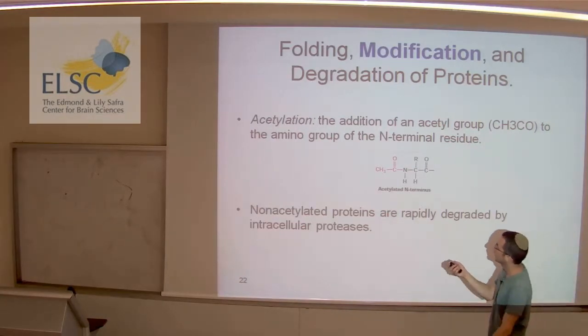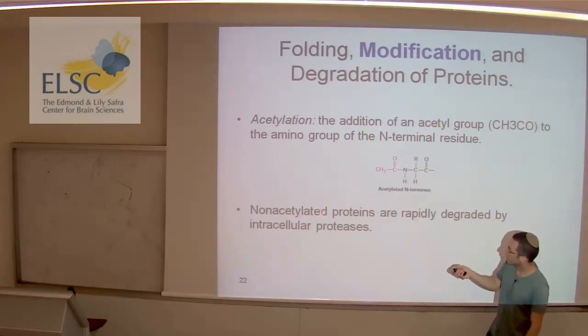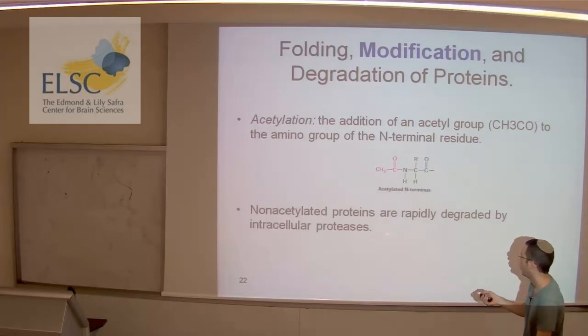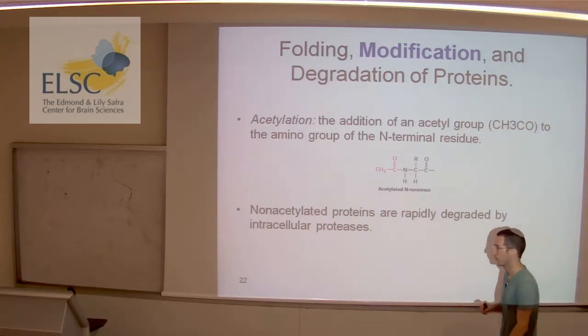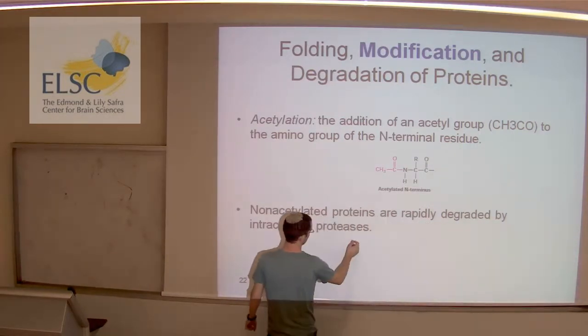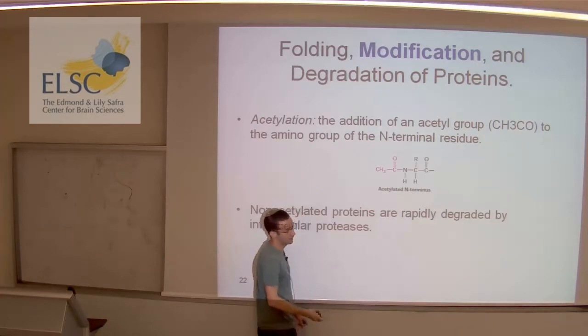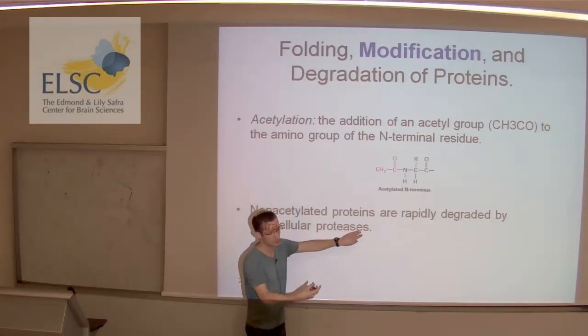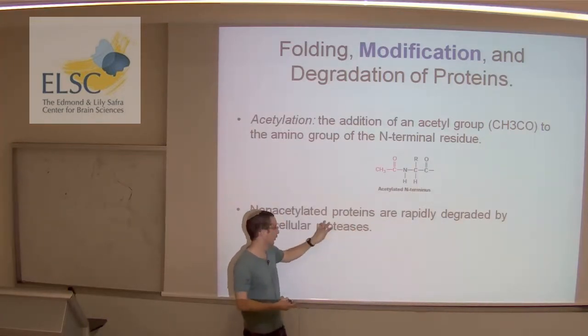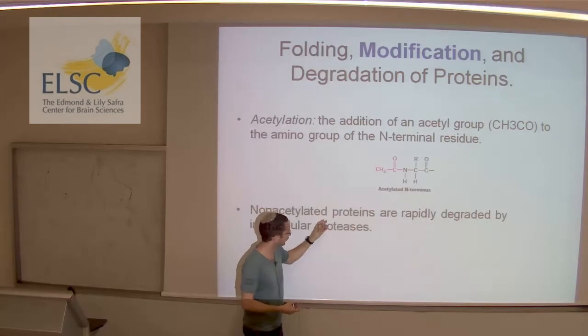And it's a very common modification because non-acetylated proteins in the cell would be very rapidly degraded by other proteins that are called proteases. The suffix "ases" means proteins that perform cleavage, usually followed by degradation, on the molecules that come before the suffix.